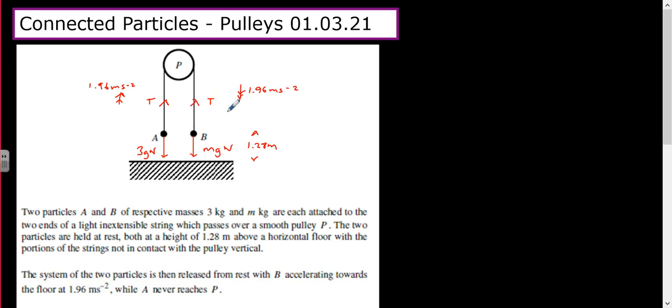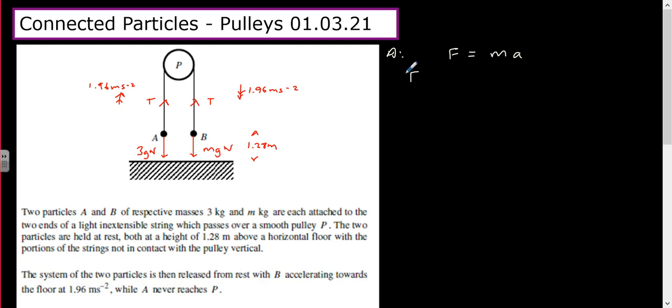This is just one way of doing this. You can model the whole system as a single equation, but I prefer to model them separately. I'm going to start by modeling particle A, and I'm going to write down all the forces acting on A. We're dealing with Newton's second law, F equals ma, and A is moving up the page, so the tension is going to be a positive value because it's in the same direction as the movement.